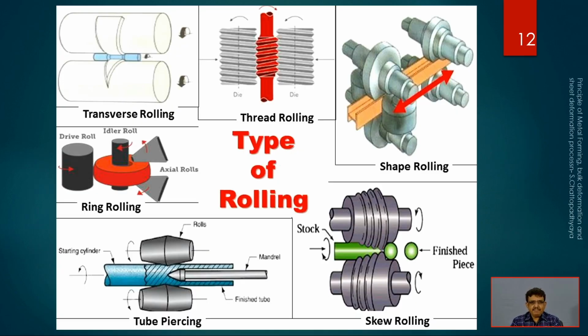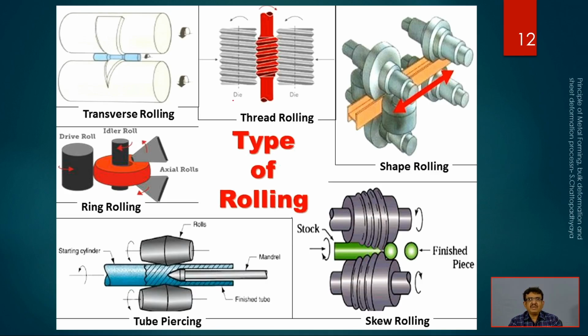Next is a very good representative figure. In the top left portion, one can see transverse rolling, and different kinds of shapes can be generated immediately with this transverse rolling. The next one is thread rolling.